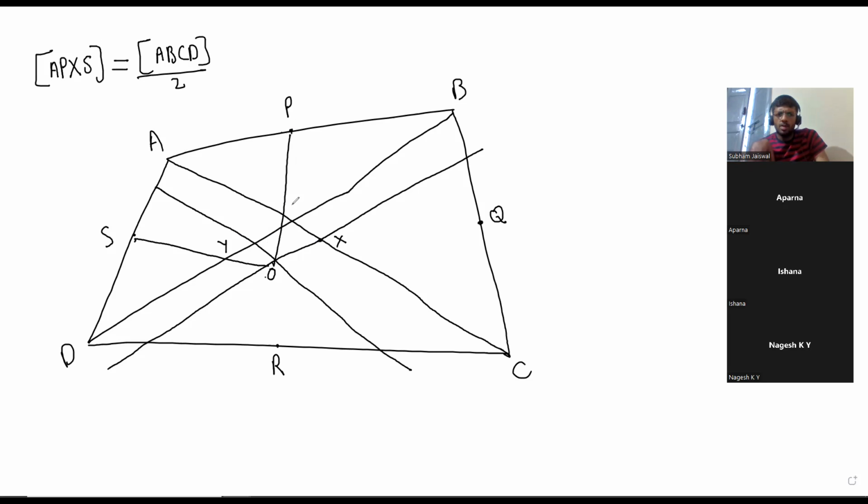That APOS, let's say for example, is equal to SORD. Am I correct? I don't know how to do that.